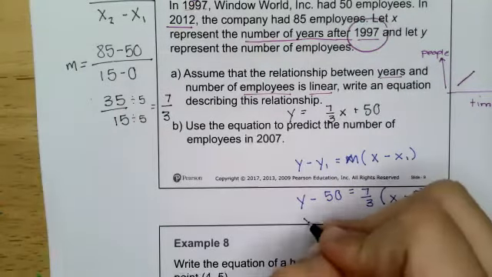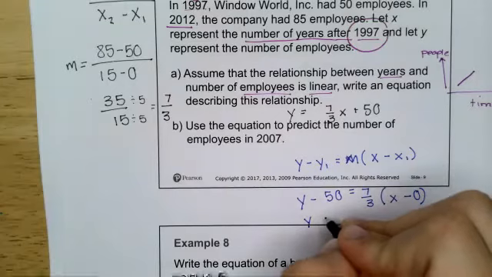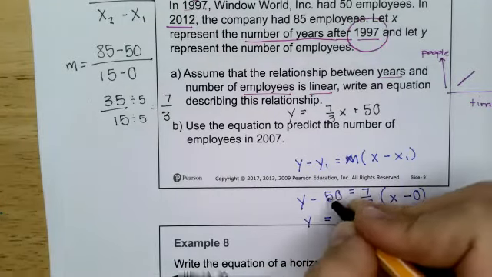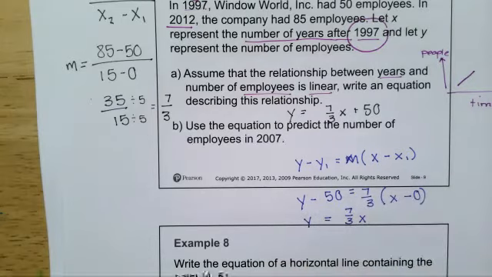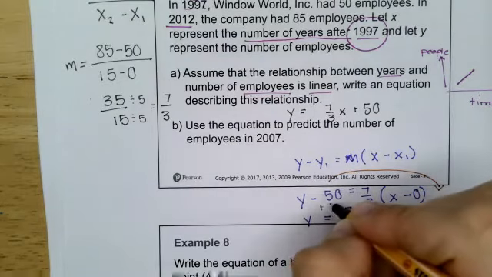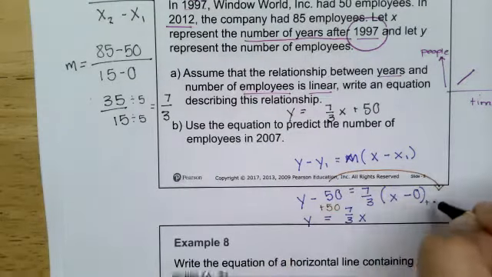Good. So now that's y equals 7/3 x. I want to move that 50 over. So instead of subtracting it on this side, I'm just going to say plus 50 on both sides.